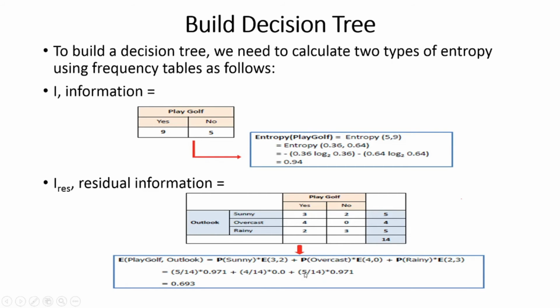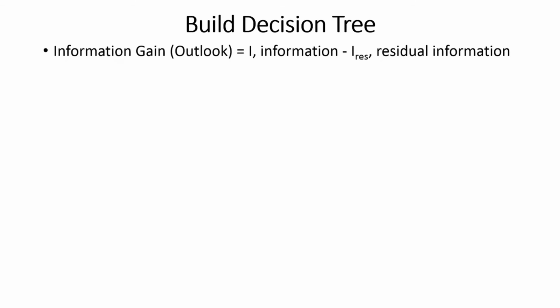With these values, we can calculate the entropy for outlook, the residual information, which is 0.693. As we have calculated both the entropy values, now we can extract the information gain, which is equal to the information minus the residual information, given by 0.247.